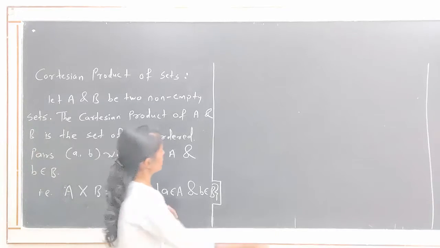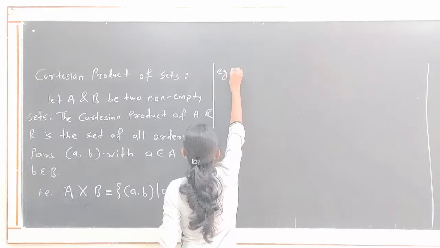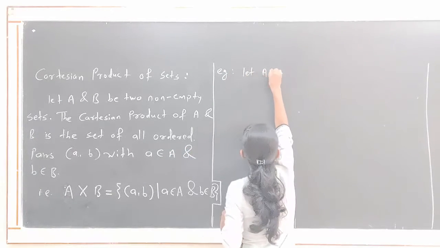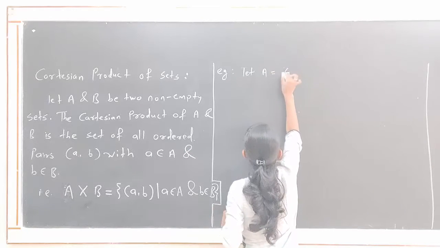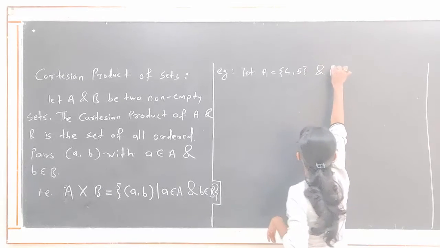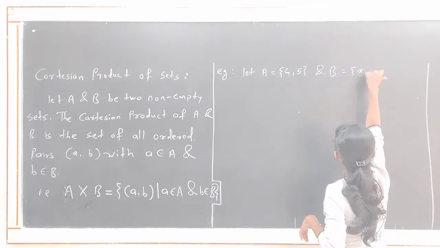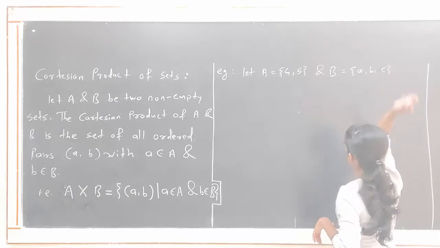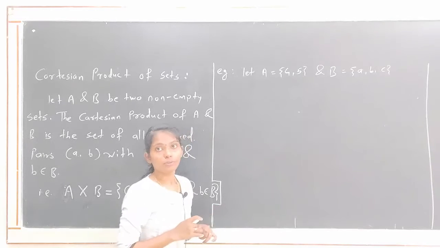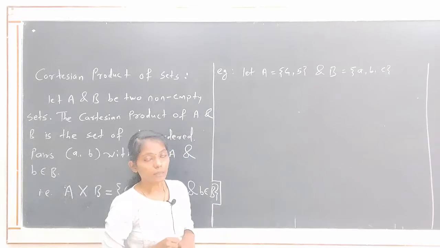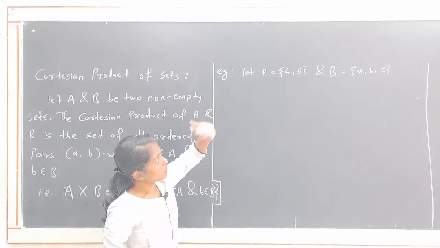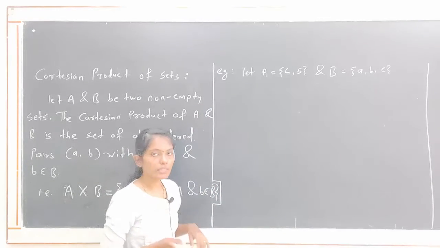Okay. Now we see some examples. So first example, let set A is equals to {4, 5} and set B is {a, b, c}. Two sets are given. Now here we want to find the Cartesian product of these sets.